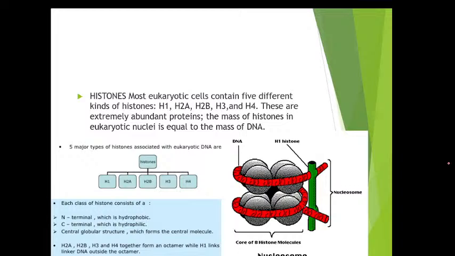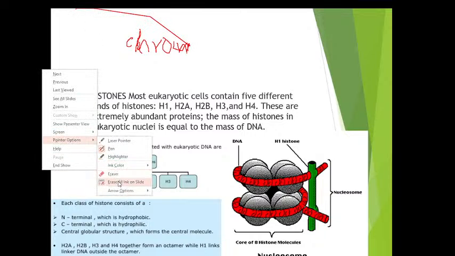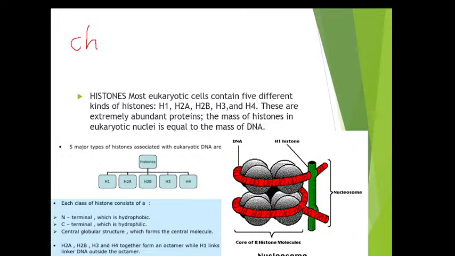So the chromosome of eukaryotes is made up of chromatin and associated proteins.